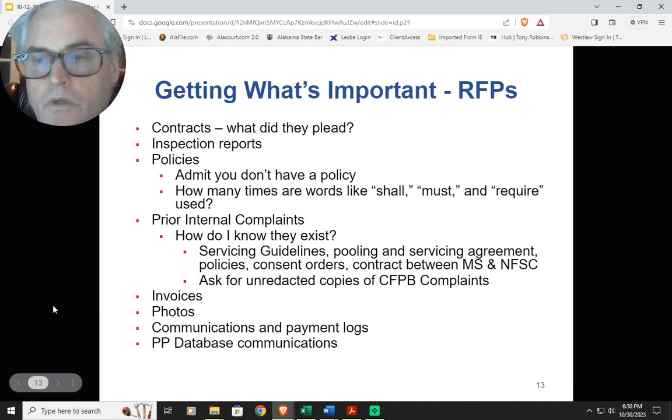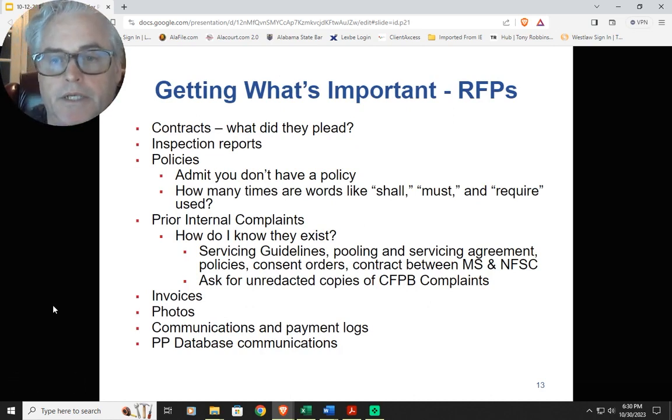So you want to always ask for, in discovery, the contracts between the various actors. You always want to get your inspection reports. You always want to get your policies, prior internal complaints, and basically invoices, photos, communications, payment logs, and the property preservation platforms' database communications.